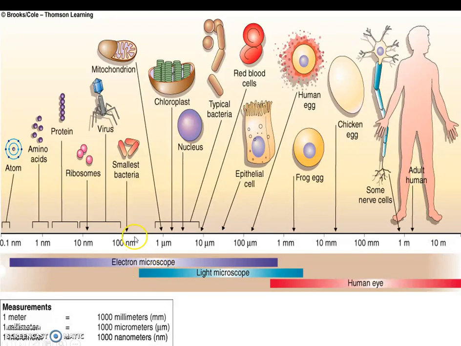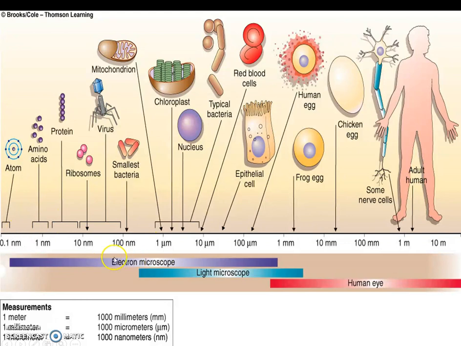Then, when we get a lot smaller into the nanometer range, we've got the electron microscopes. So we'll talk about all kinds of different types of electron microscopes in this lecture, but you guys will not be using electron microscopes at all in class.